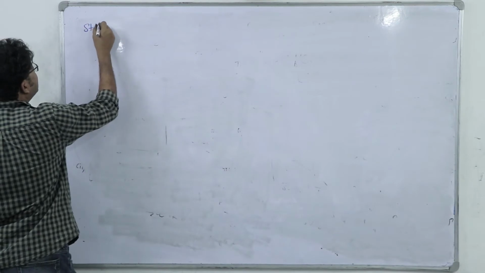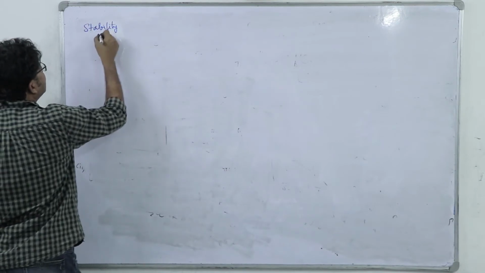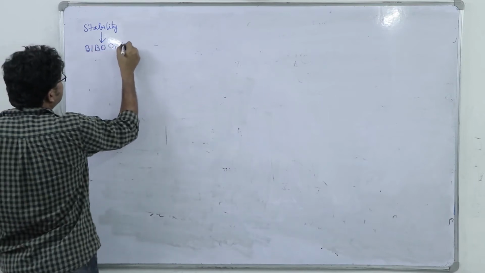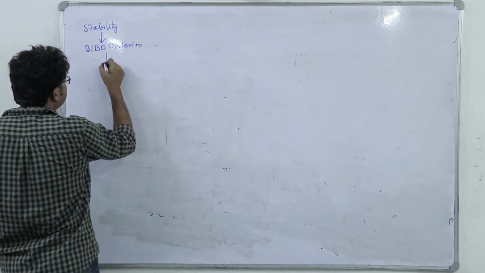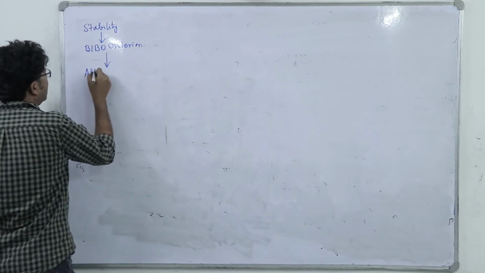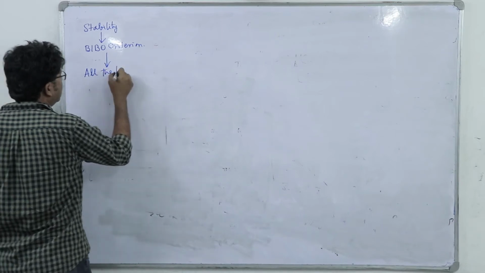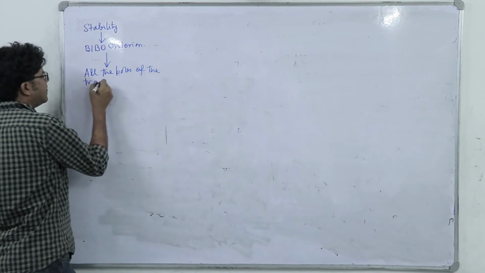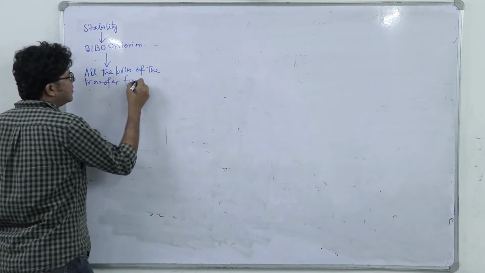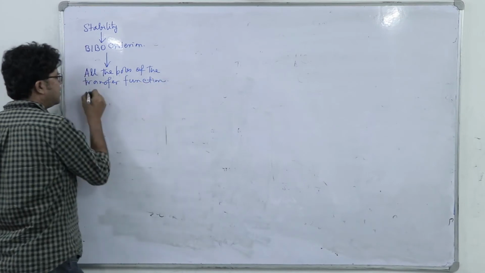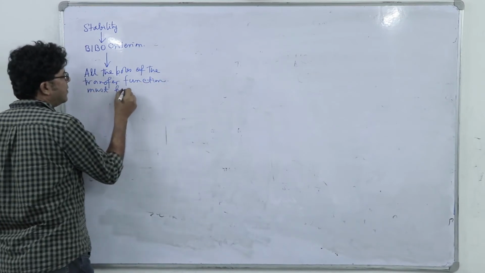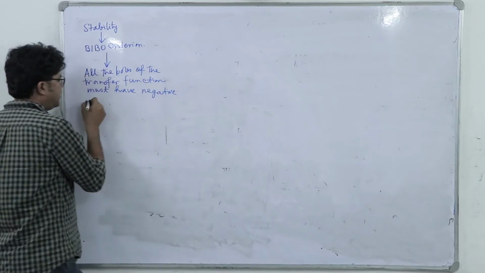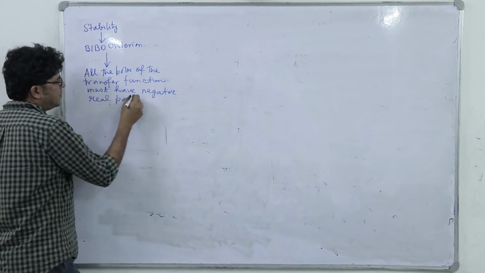So stability BIBO criteria: all the poles of the transfer function must have negative real parts.